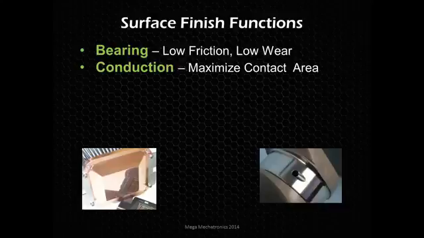And you see it's almost like a mirror. That's how smooth that surface is, and that's going to improve the heat conduction and reduce the amount of thermal paste you need to use, because that thermal paste is not as good of a conductor as the copper or that base material.